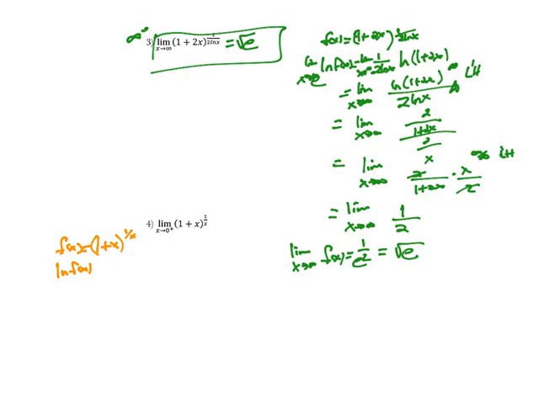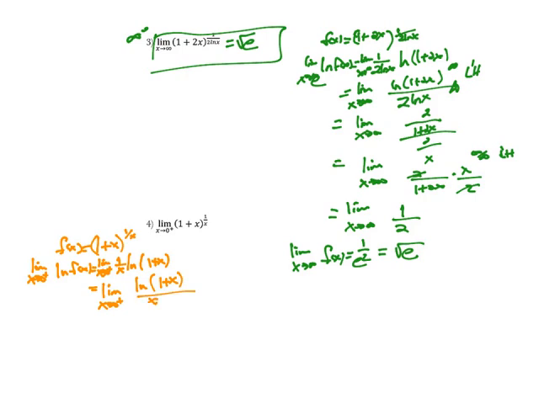Anyway, I can bring the 1 over x out in front of the ln, and then I take the limit of both sides, and simplify the right-hand side. So that'll be the natural log of 1 plus x over just x.